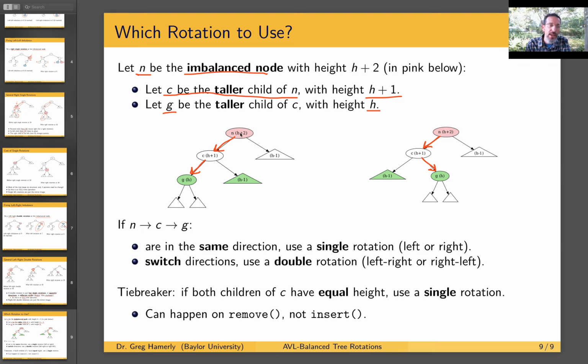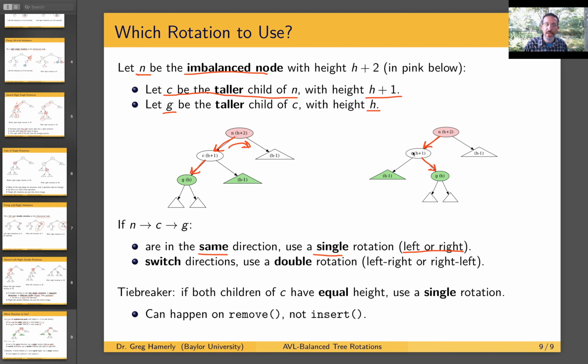If we look at the path from n to c to g, if those are in the same direction, in other words, here we have left-left, we might also have right-right in a mirror image, we use a single rotation, and that's a left or right single rotation. In this case, we would want a right single rotation since we're taller on the left and the left. So if n to c to g are in the same direction, use a single rotation.